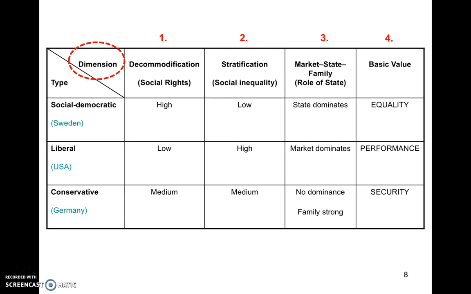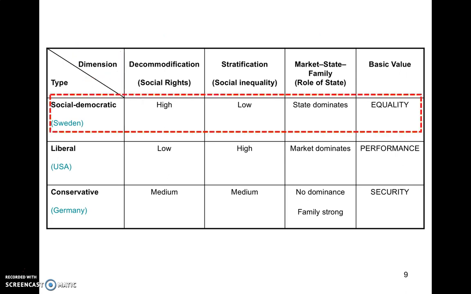The second dimension is stratification. It stands for the way in which the state structures social inequality. The third dimension is the relation between state, market, and family in general. I added a fourth dimension here, which identifies the basic underlying values for each regime type.